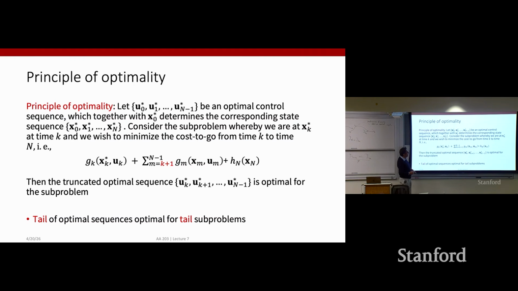Consider then the subproblem whereby we are at the state Xk star, at time k, and we wish to minimize the truncated problem, whereby we start at Xk star and we only look at the cost after time k. Then the truncated optimal sequence, so the sequence whereby we now start at Uk star, is optimal for the subproblem. A more mnemonic way to remember this condition is: the tail of optimal sequences are optimal for the tail subproblems.